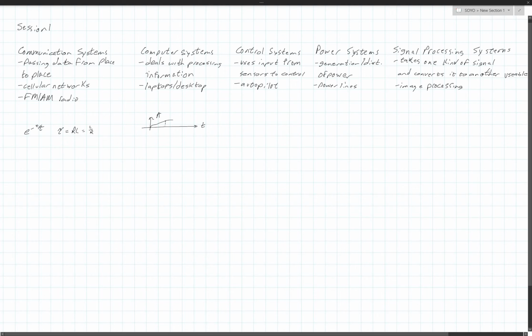So this would be our e to the negative t over tau time. So that's where it is 63% of the final value, which is also known as the steady state value.